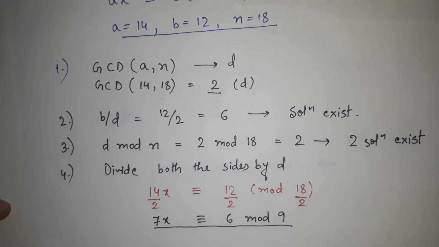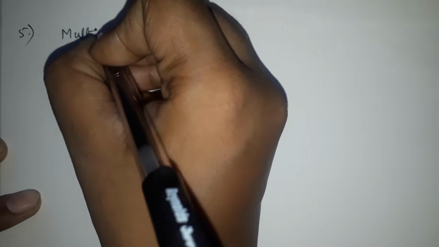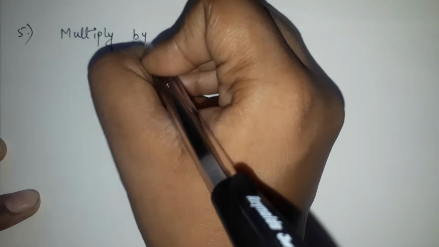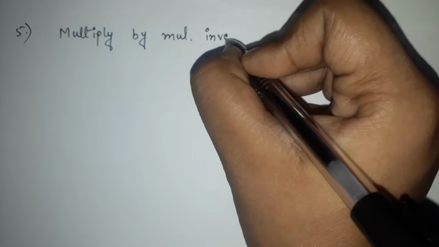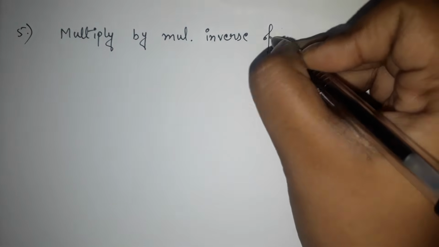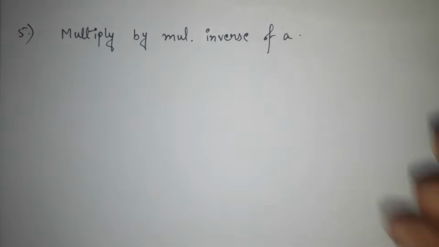After dividing both the sides by d, what my 5th step would be: multiply both the sides by multiplicative inverse of a. By multiplicative inverse of a, right?